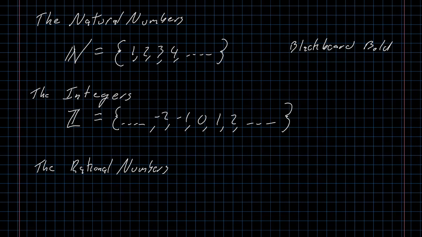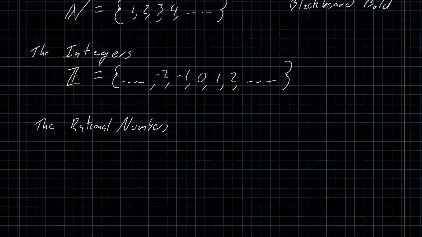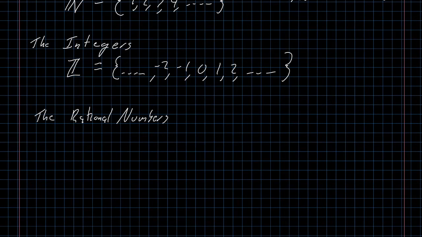Up next is the rational numbers. And for the rational numbers, we use the blackboard bold Q, which is the same root word or a language conjugate to the word quotient. Rational numbers are fractions, quotients of two numbers.